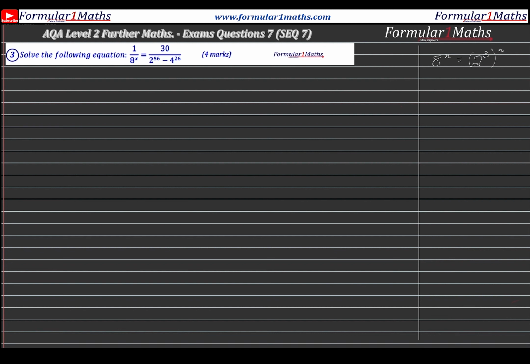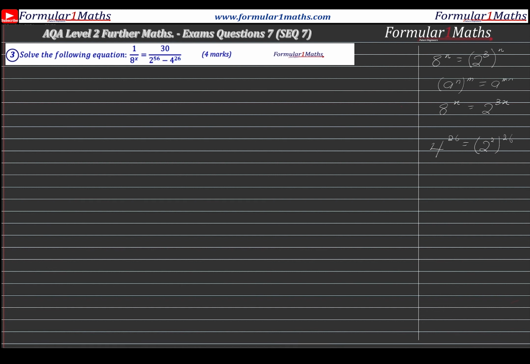And the laws of indices says that when you have a to the power n, all of that raised to the power m, this is equivalent to a to the power mn. So that means that 8 to the power x will be equal to 2 to the power 3x. 4 to the power 26 is equal to 2 to the power 2, which is the 4 over here, and all of that raised to the power 26.